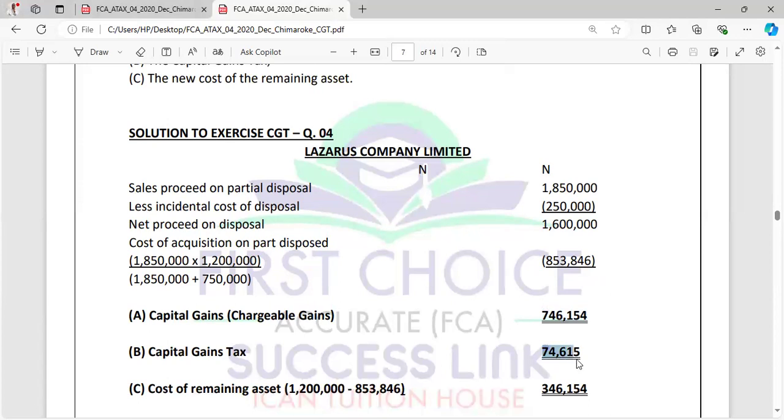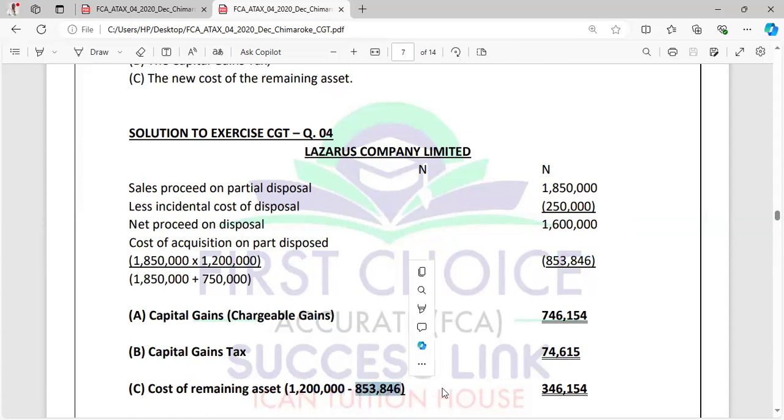Now, what is the cost of the remaining assets? The cost of the remaining assets is simply your original cost minus the cost of acquisition of the part that you have sold out. So this is the cost that was bought. This is the cost of the part sold out.